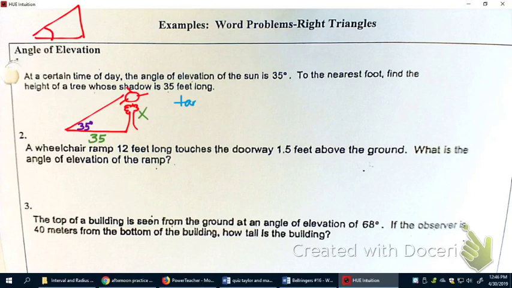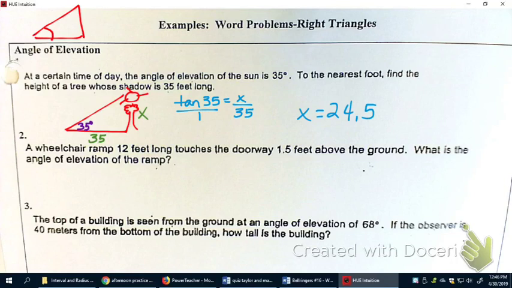So tangent of 35 equals opposite, which is x, over 35. Let's put it over 1 and let's solve. So when we cross multiply, the numbers are all together, so we put 35, tangent 35, and you get 24.5.